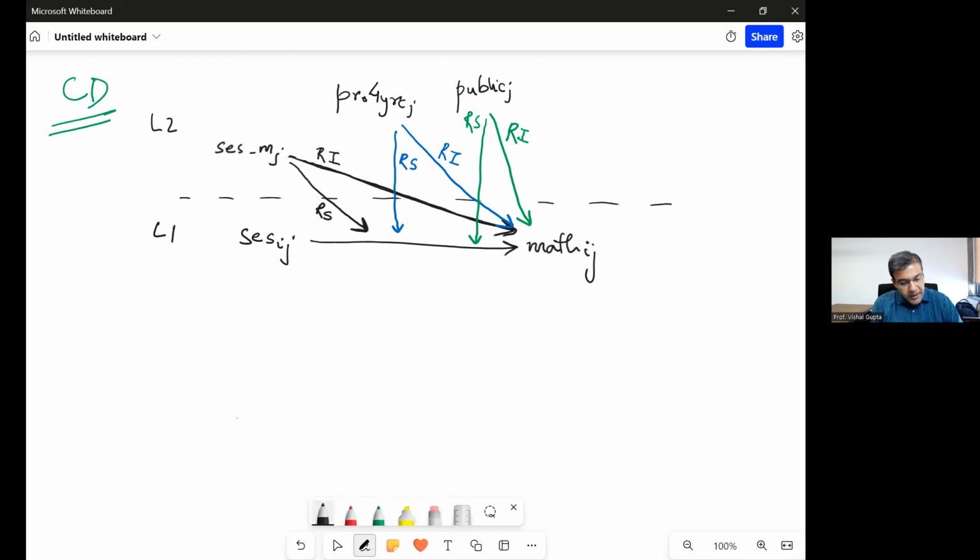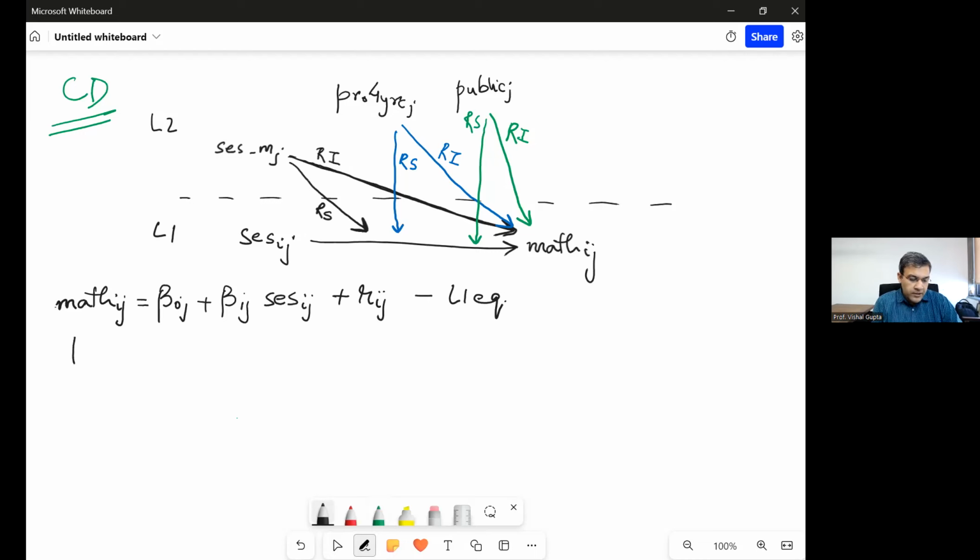What will be the mathematical equation now? Math ij is equal to beta 0j plus beta 1j SESij. There is no change in the L1 equation. This is our L1 equation.